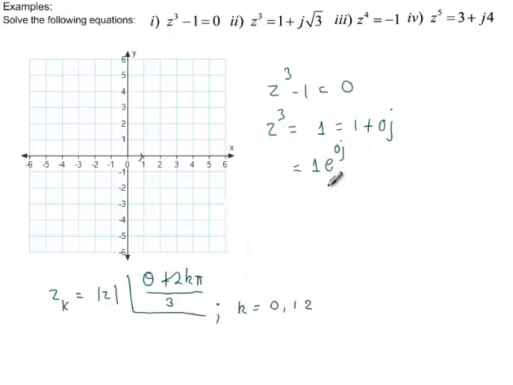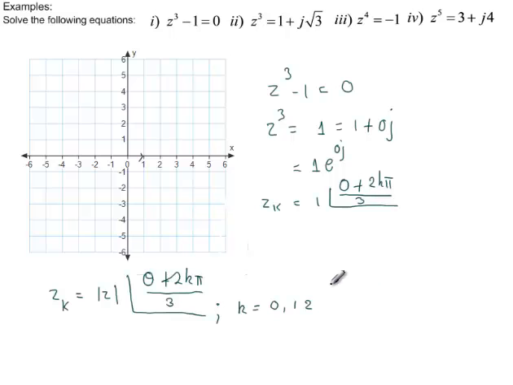It looks like we're moving in circles. There's 1. But for the purposes of calculating the roots, you need to come to this formula. So now I'm going to have z_k equals 1 to the power 1/3, the argument of 1, plus 2k pi all over 3.